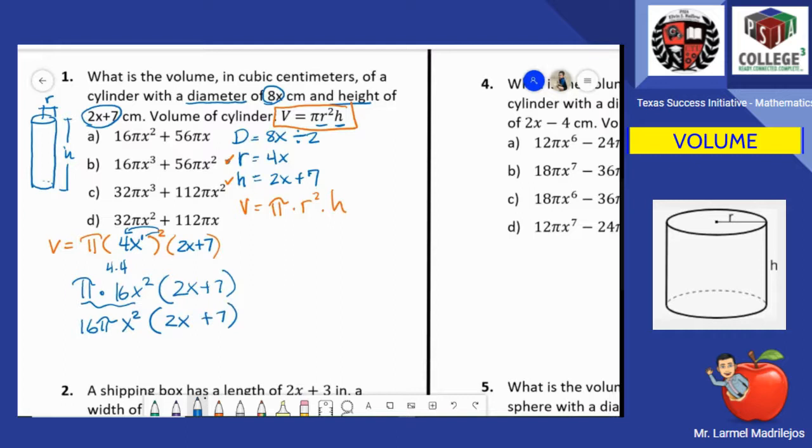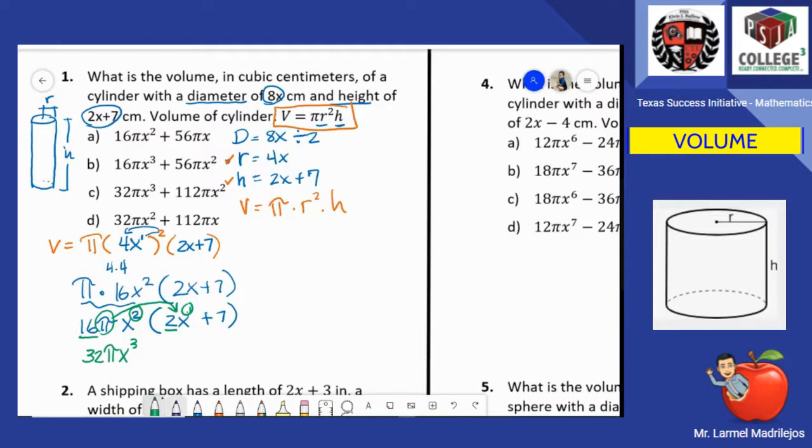Next I'm going to distribute the 16 pi x squared on every term inside the parentheses. Basically it's 16 times 2, that makes 32, and I'm going to copy the pi. Now, x squared times x, that's x to the 1, so you add the exponents, 2 plus 1, that makes x cubed. Okay, good. We're done with the first term.